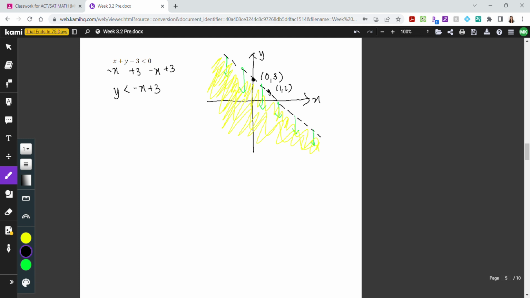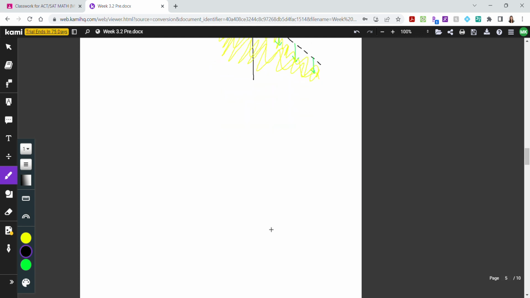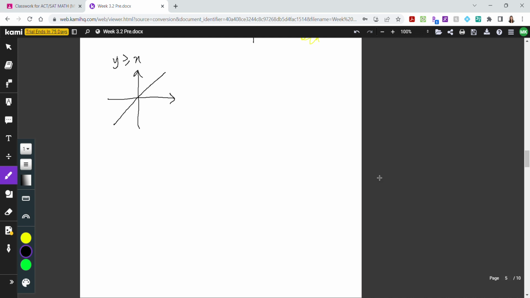All right, so dashed lines do not include the solution that is on the line itself. Now, some other things to remember that might also be helpful: when y is greater than x, your graph, I'll just quickly shade it for you, so the region where that would be is like here.